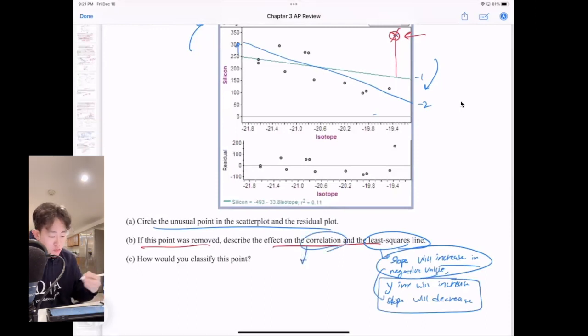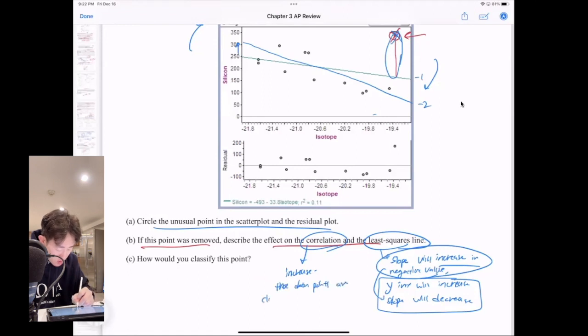Now the correlation will obviously increase, because by removing this point, the point that had the high residual is now gone, which means now all the dots are much more compact. The data points are closer to the line, or we can say the residuals or the standard deviation thereof has gotten smaller.